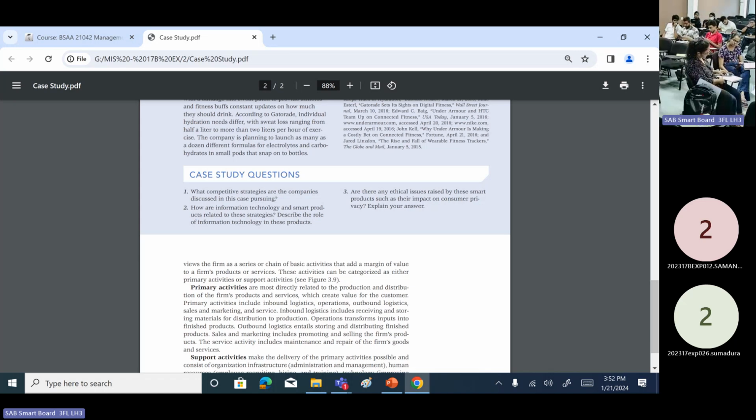So the third group, what ethical issues could be there with this technology and strategy?